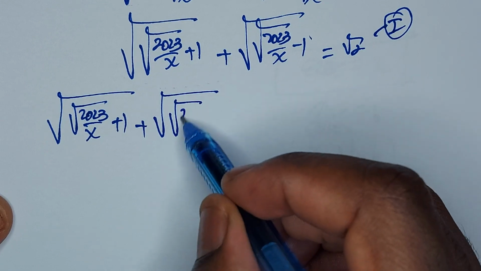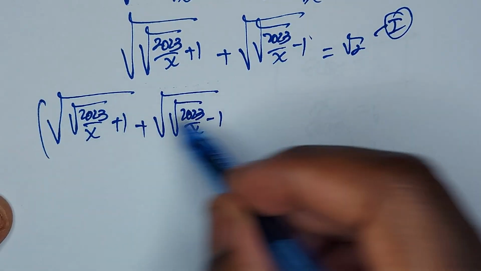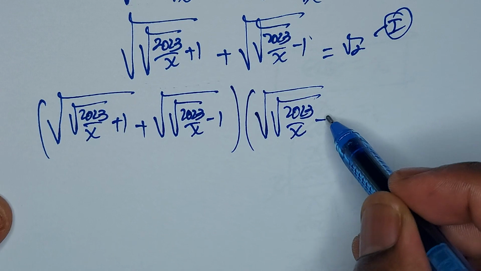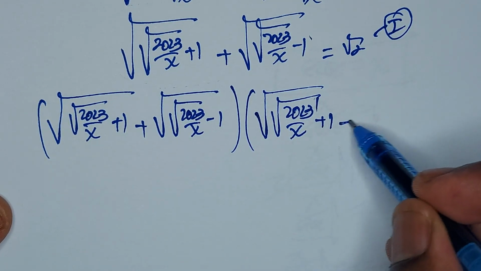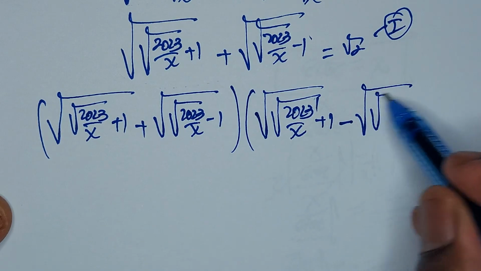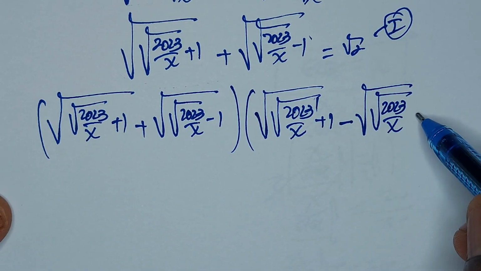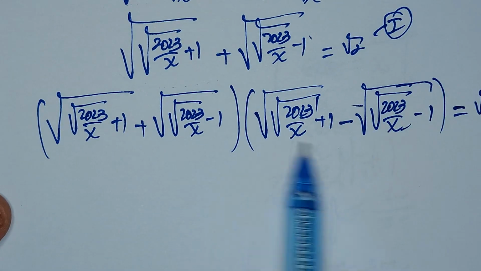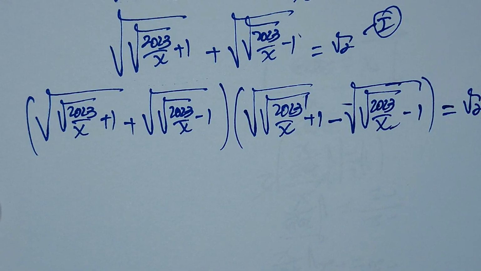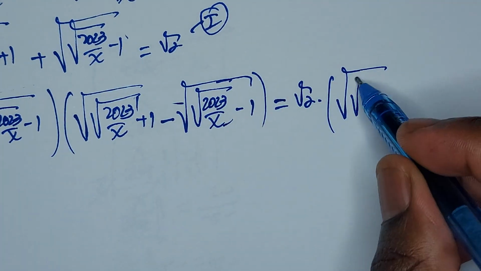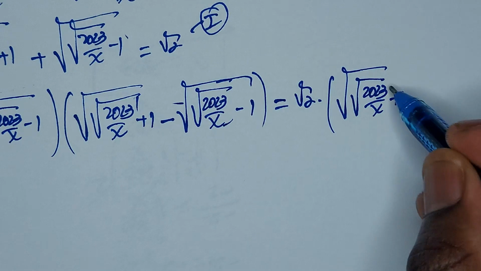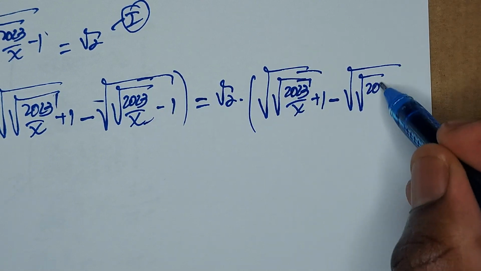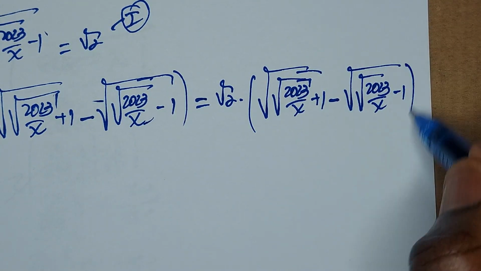And then I'm going to multiply this by the square root of 2023 over x plus 1 minus the square root of 2023 over x minus 1, and this is equal to the square root of 2 times, I have to multiply by the same element, the square root of 2023 over x plus 1 minus the square root of 2023 over x minus 1.